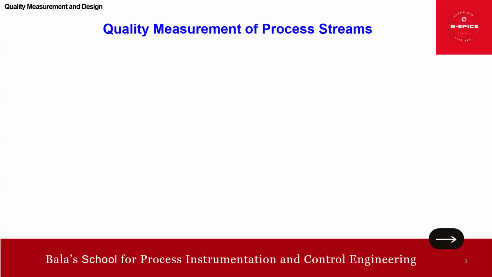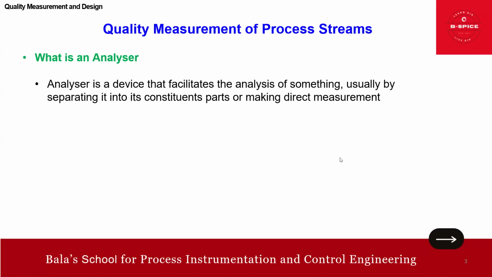Okay, right. So, quality measurement of process streams. To understand this, we should know what is an analyzer. Of course, everybody knows, but just a refresher. An analyzer is a device that facilitates the analysis of some process medium, usually by separating it into its constituent parts or making direct measurement.